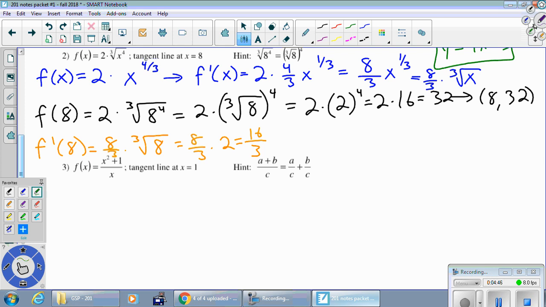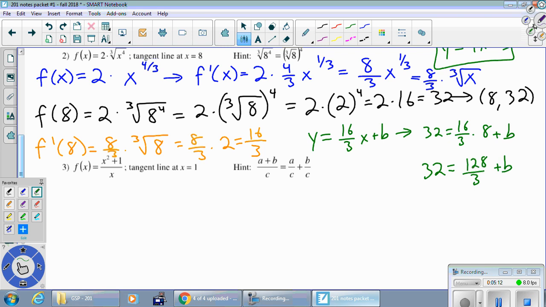Okay, and now we will start our mx plus b stuff. We know that the m we just found is 16/3. So I've got y equals 16/3 x plus b. I'm going to plug in my 8, 32. So 32 equals 16/3 times 8 plus b. 32 equals, all right, so I think that's 128/3 plus the b.